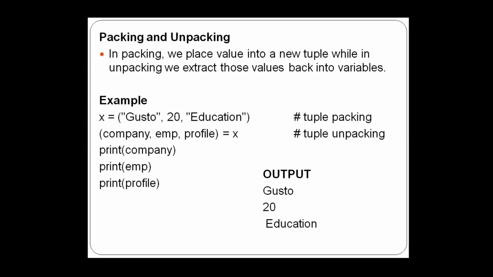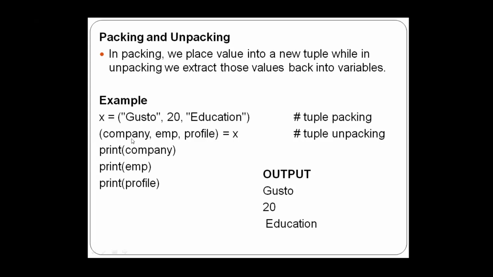In addition to that, you'll study something called packing and unpacking. So packing is a process where a new value is placed inside a tuple. When you place a value inside a tuple, it is called the packing process. And when you remove these values from a tuple and place them into variables, it is called unpacking, right? So here I say x is equal to gusto, 20 and education, right? So I have two string values and one integer value.